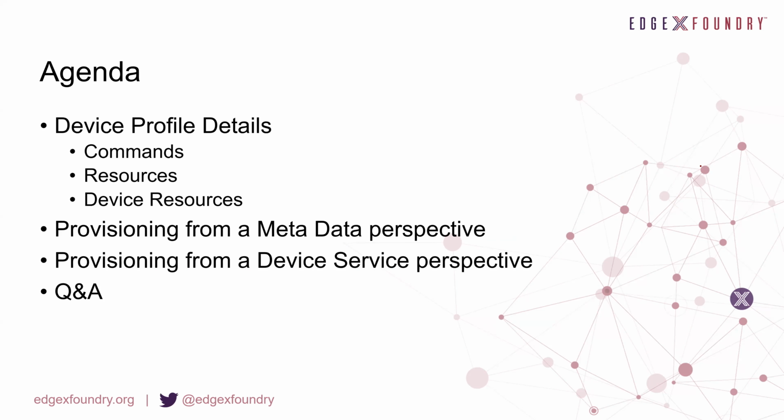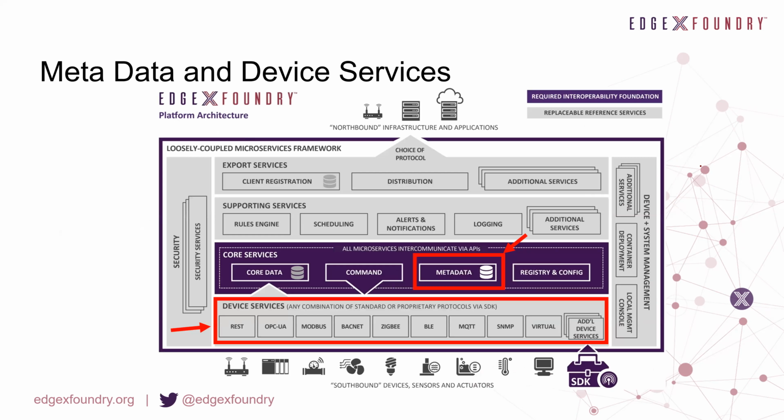We'll talk about device provisioning from a metadata perspective and device provisioning from a device service perspective. And then we'll take a few minutes to go over the questions that you guys have. So just from the architecture view, we'll be talking about the metadata and device service components for today.